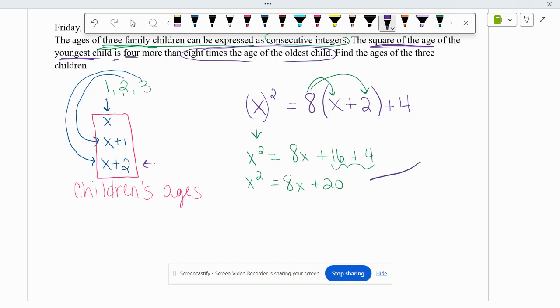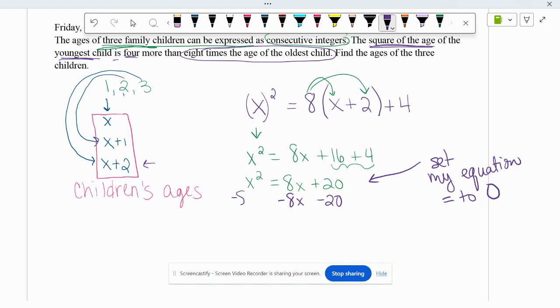And I know that the only way that I can solve it is if I set my equation equal to 0. That means I have to get rid of everything on one side. But remember, I don't want my leading coefficient to be negative. So I essentially have to subtract 8x from both sides and 20.